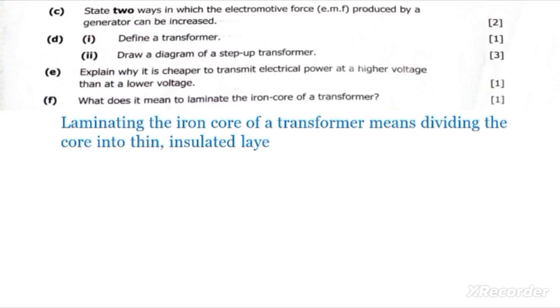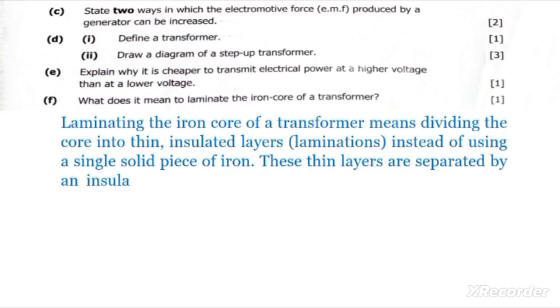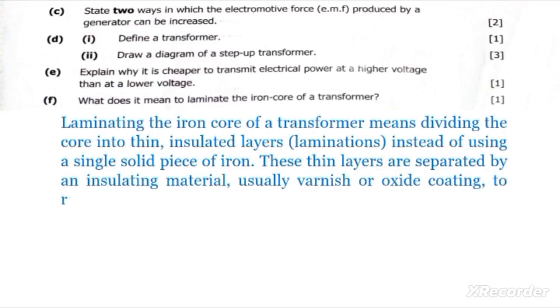Laminating the iron core of a transformer means dividing the core into thin insulated layers, laminations, instead of using a single solid piece of iron. These thin layers are separated by insulating material, usually varnish or oxide coating, to reduce eddy current losses. So this is what it means when they say laminate the iron core of a transformer.